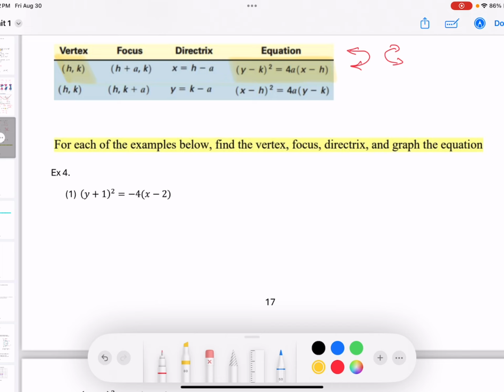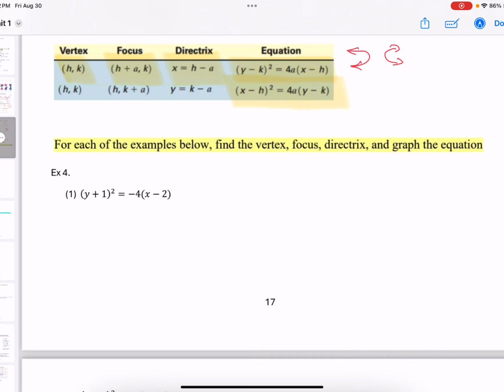The focus is (h plus A, k), and the directrix is x equals h minus A. And if I have the equation where the x part is squared, my graph opens upward or downward. And from the equation, I can find the vertex.